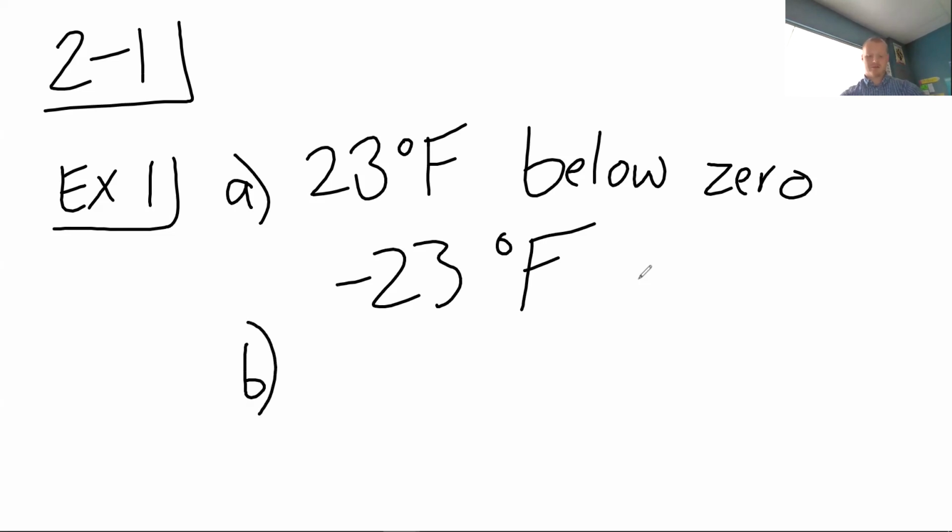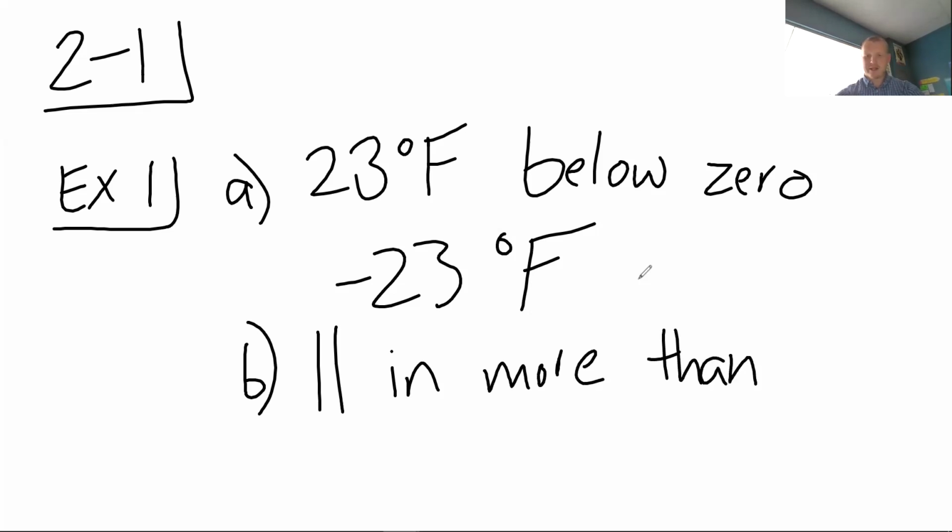Letter B, 11 inches more than normal. Alan, how am I going to write that? Yeah. Yep, just plus 11. So positive 11. And we don't have any, oh yeah, we do.